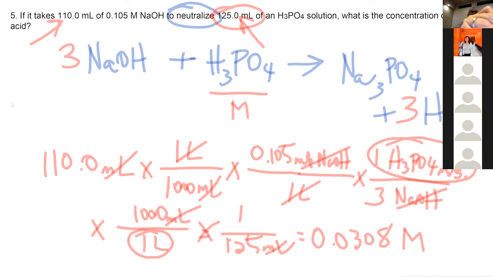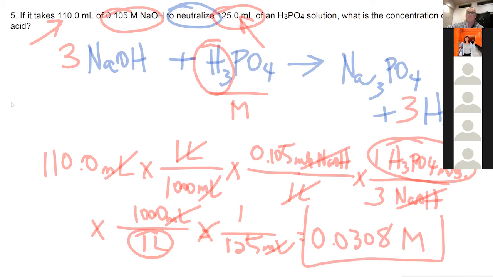If the concentration of the base is 0.1, and I need 3 times more of it than acid, or on the other hand, the concentration of the acid should be about 1/3 of the base, because it's got 3 protons, so I only need 1/3 as much. My concentration should be about 1/3 of 0.105. And when you look at it, it is. It's around 1/3 of 0.1. So that's probably the right answer.